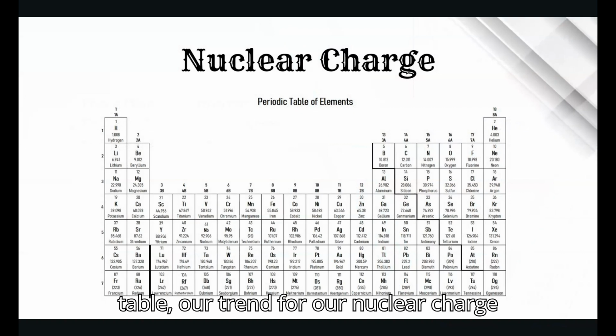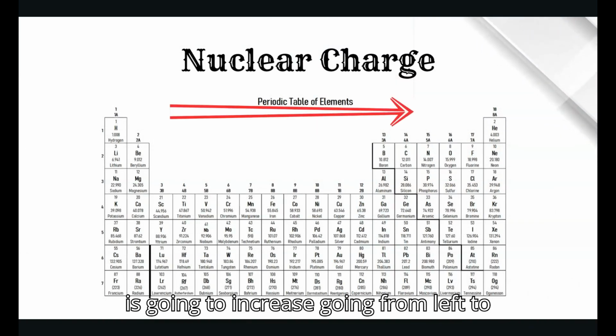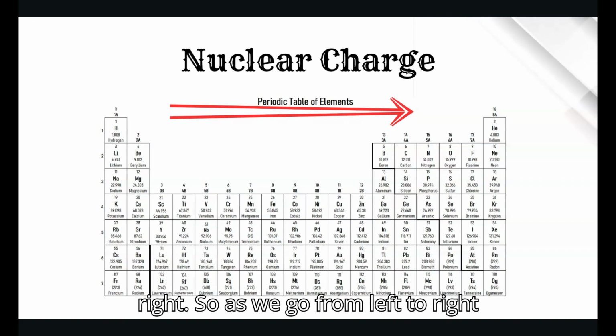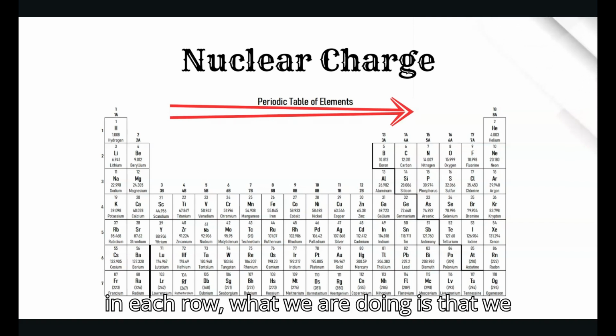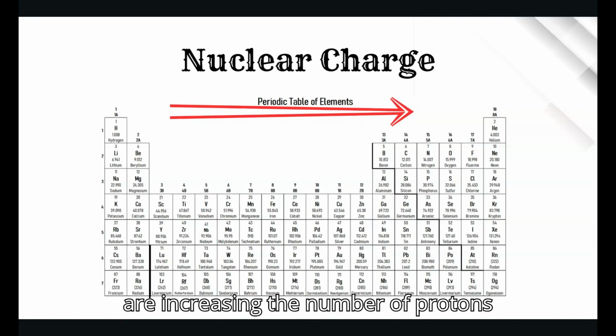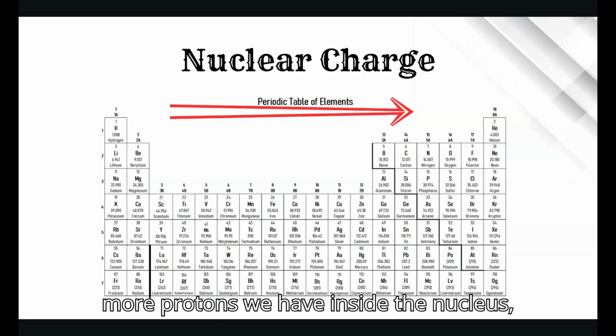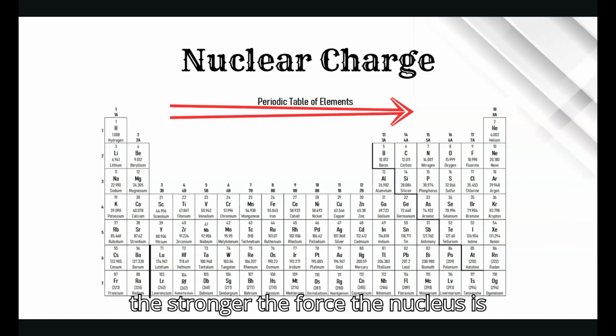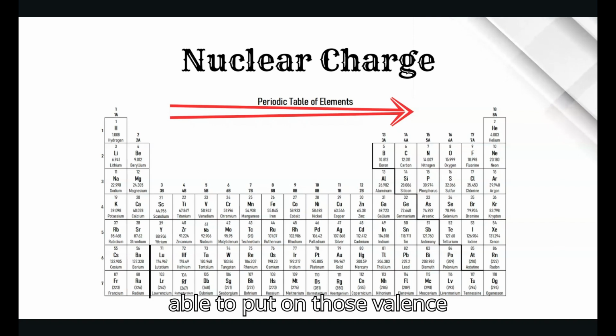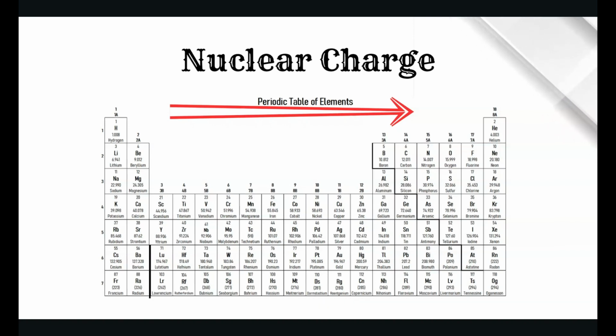So if we take a look at the periodic table, our trend for nuclear charge is going to increase going from left to right. So as we go from left to right in each row, we are increasing the number of protons inside of the nucleus. The more protons we have inside the nucleus, the stronger the force the nucleus is able to put on those valence electrons.